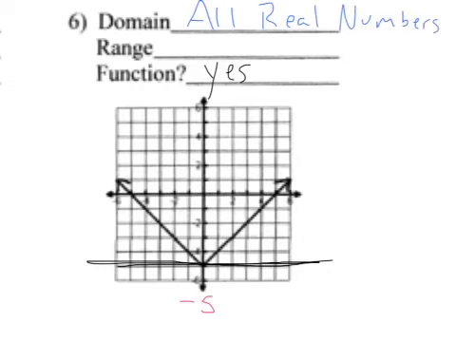And for our range, all we have is a lower limit. So that means all of the values of y are going to be above or equal to that -5. I say equal to because this is not an open circle, so it does include this value. If there was an open circle, then we would say do not include that value. But since it does not have a designation of an open circle, we do include that value.